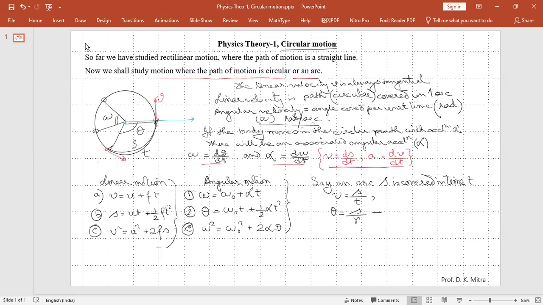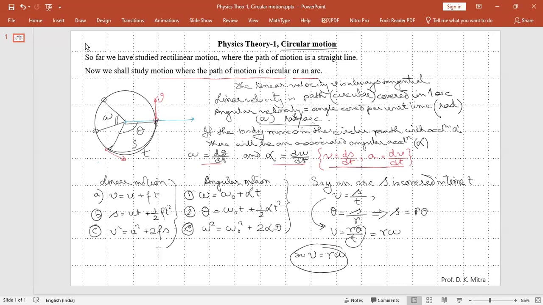So the arc length S is equal to r theta. From this equation, we get v is equal to r theta divided by time t. Now, theta by t is omega, so v is equal to r omega.